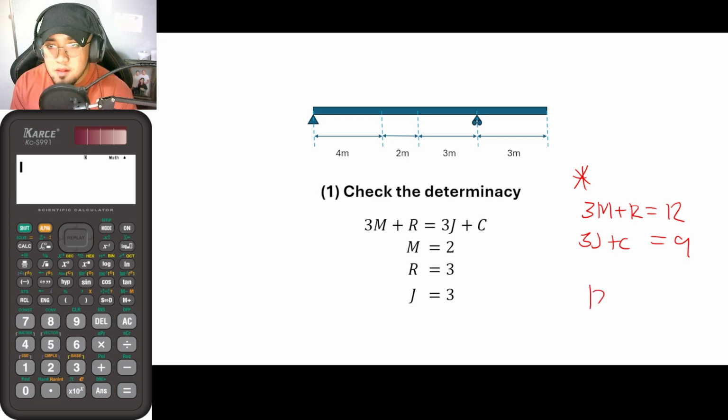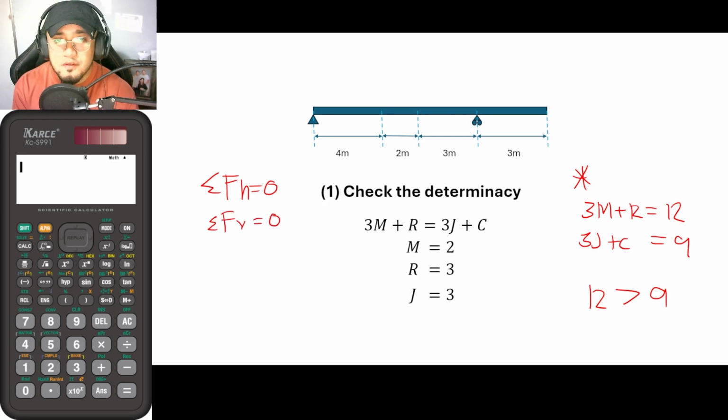Since 12 is greater than 9, this is what you would be calling statically indeterminate. When we say statically indeterminate, you cannot determine the answers just making use of the equations of static equilibrium. So you need to have another technique in order to solve for statically indeterminate beams. Though it would be stable, of course it would be harder to solve.